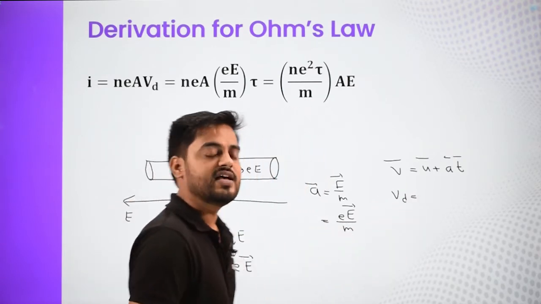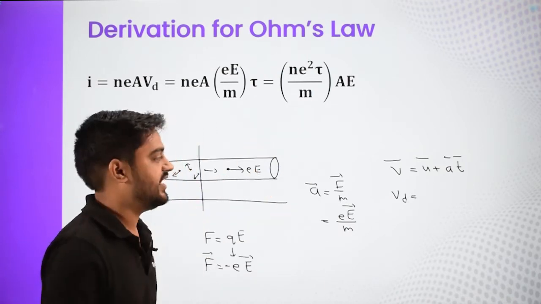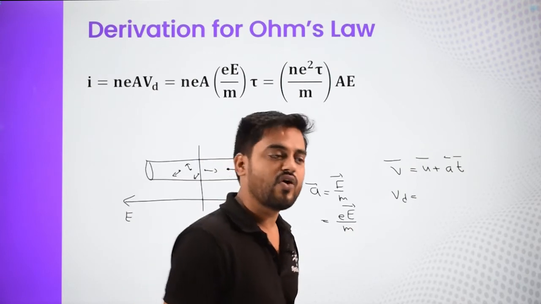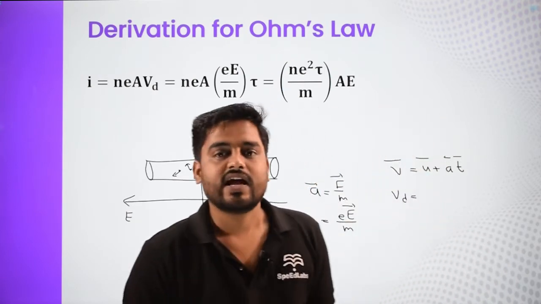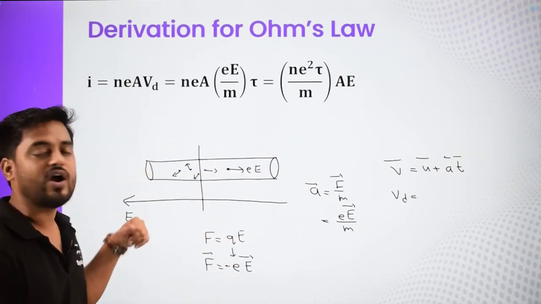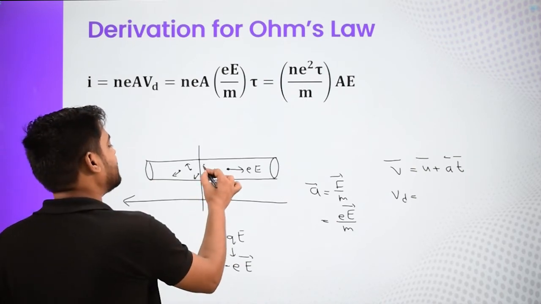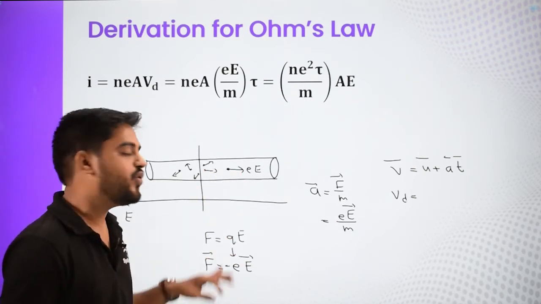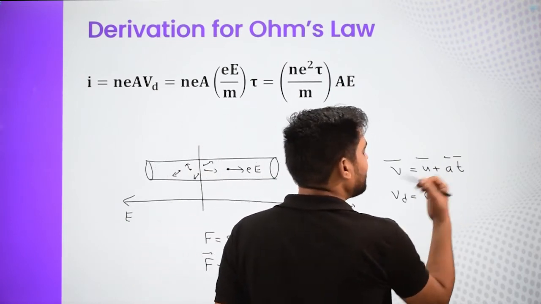Finally, all the electrons have a single velocity called the drift velocity. What about the average of all initial velocities? Initial velocity is a vector quantity, and initially the electrons were moving randomly in all directions. For each electron's velocity, there will exist another electron cancelling it out. So overall their average will be zero.